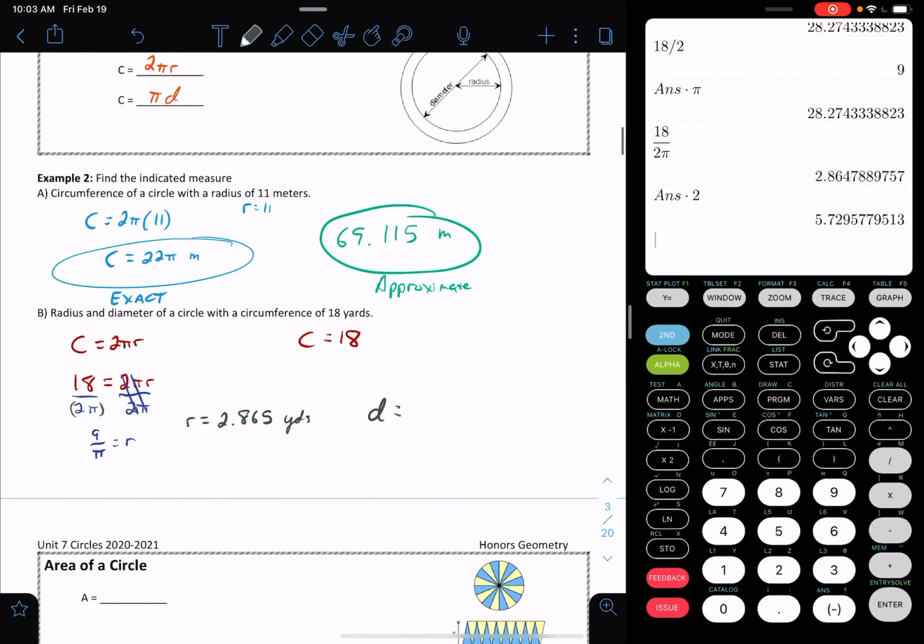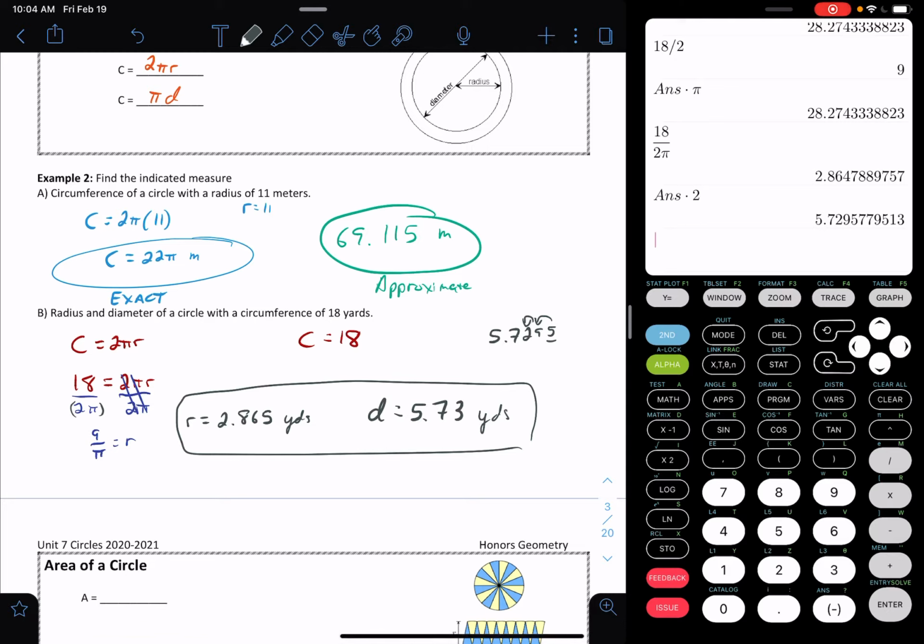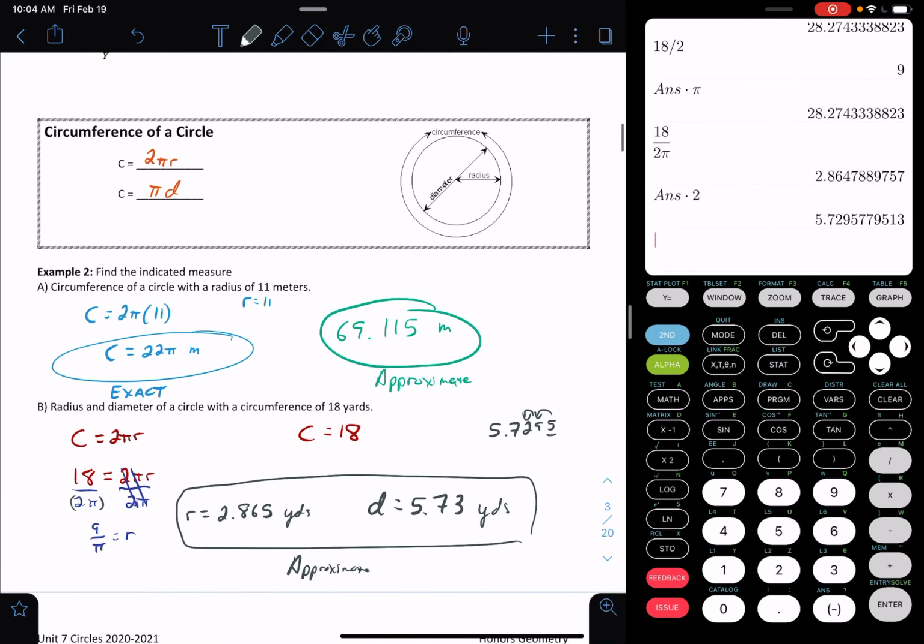So the diameter is going to be 5.73 yards, because I got 5.7295. 5 is going to make the 9 round up to 10, which is going to make that 2 round up to 3. Okay, so there's the radius and the diameter if I give you the circumference. Now these are the approximate answers. All right, so that's dealing with circumference.